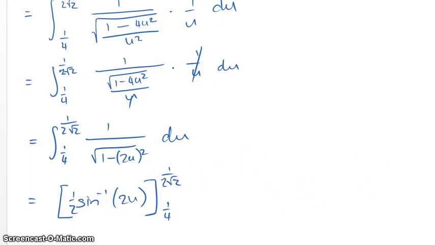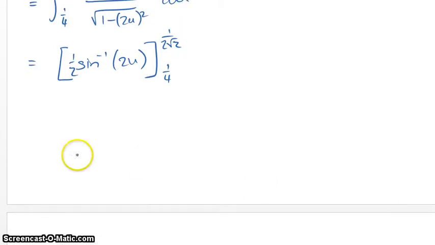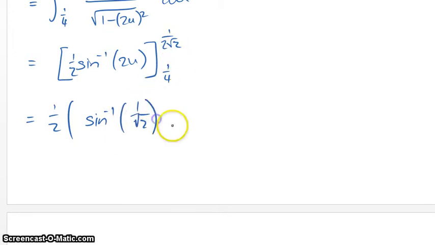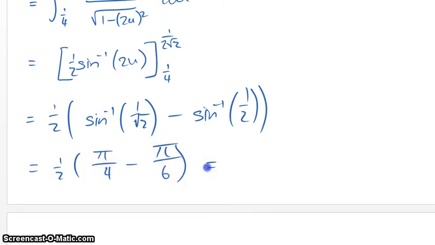I hope that you all remember your triangles. So this will give us 1/2 sine inverse of the top one, that is 1 over root 2, minus sine inverse of 1/2. If you remember your triangles, that shouldn't be too hard. That's 1/2 of pi upon 4 minus pi upon 6, and that comes to be pi upon 24.